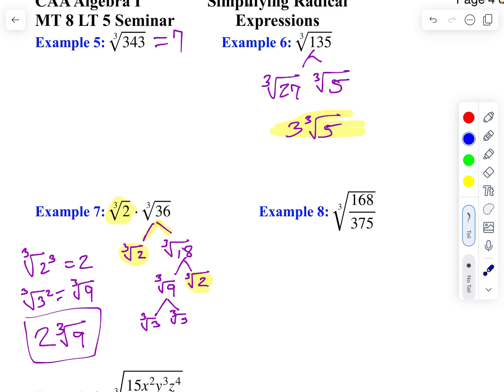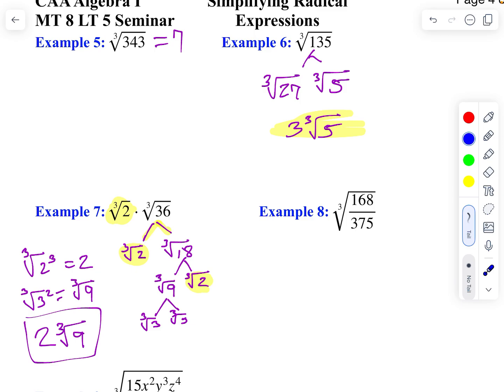Well, that's 15. 3 plus 7 plus 5. That's 15. Not that 15 goes into both of them, but I know 3 goes into 15, so 3 must go into both of them. So I'm going to divide both of these by 3.